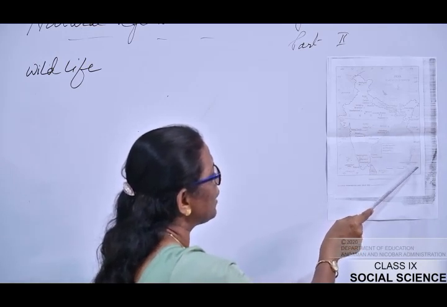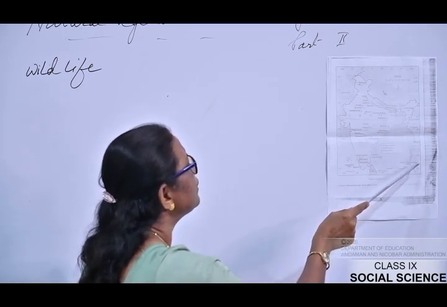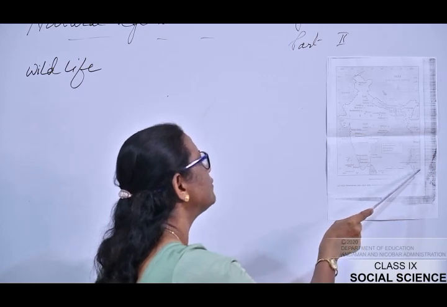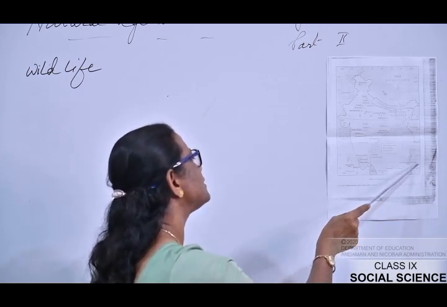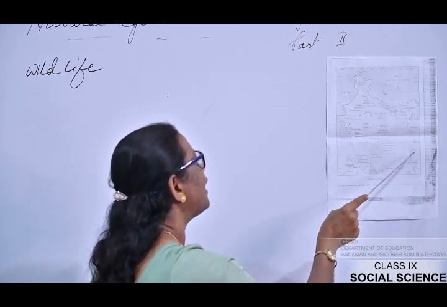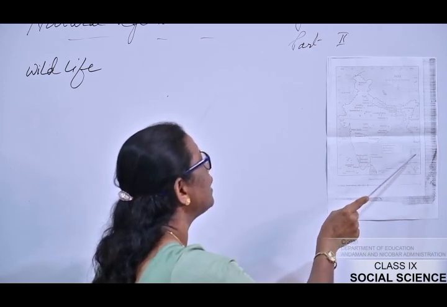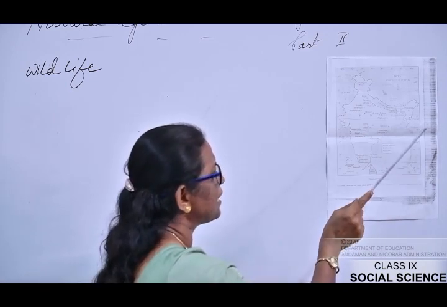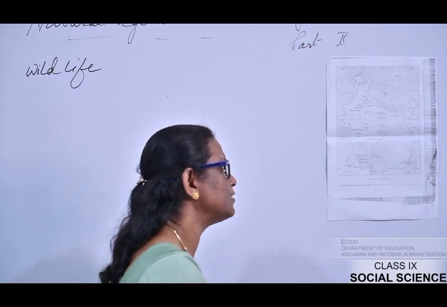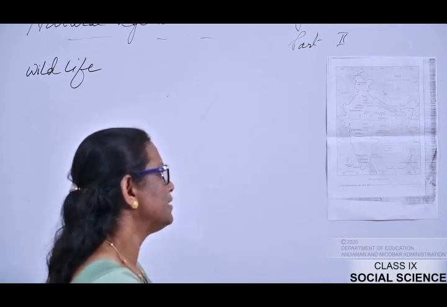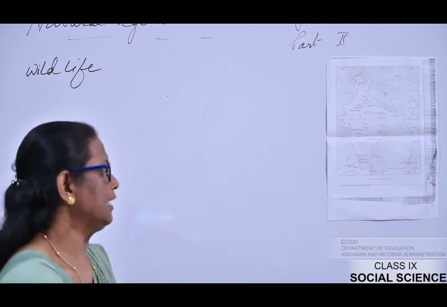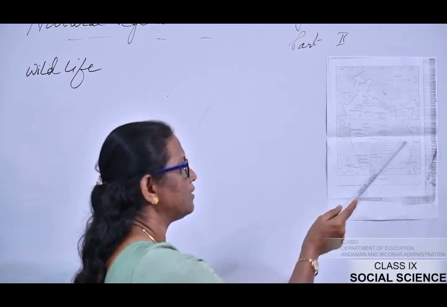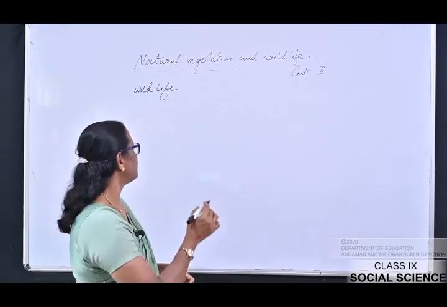In the Andaman Nicobar Islands, if we come here, this Nicobar area, we have bird sanctuaries and wildlife sanctuary. Vandoor has a national park. In this way, Baratang is also a wildlife sanctuary area, reserved for that. Now we will go for birds.